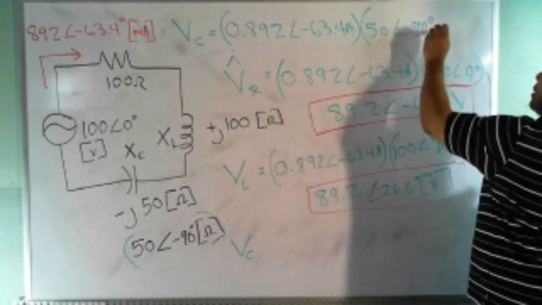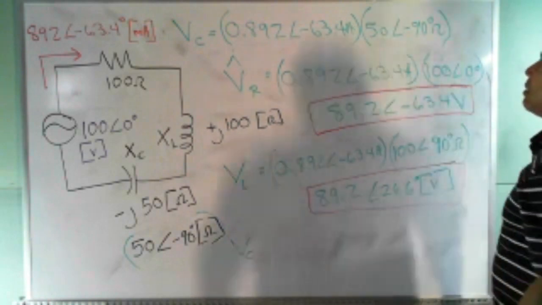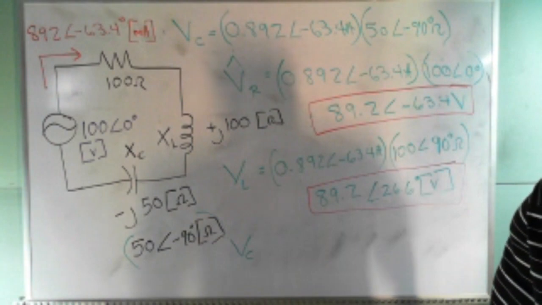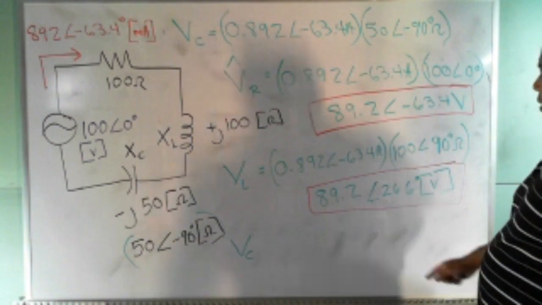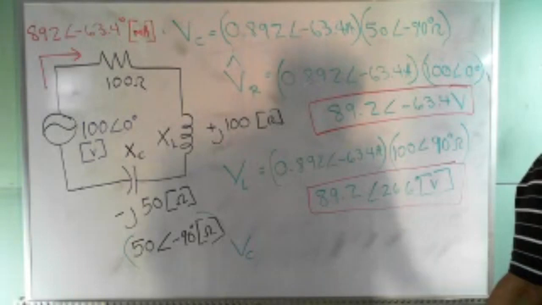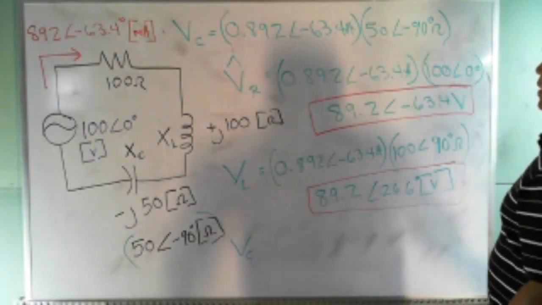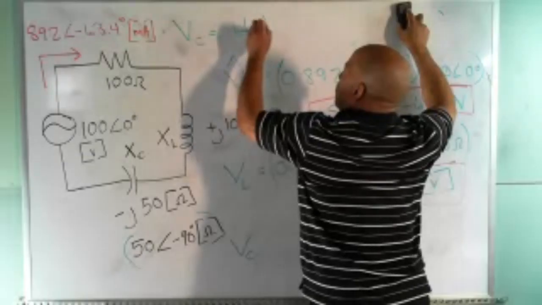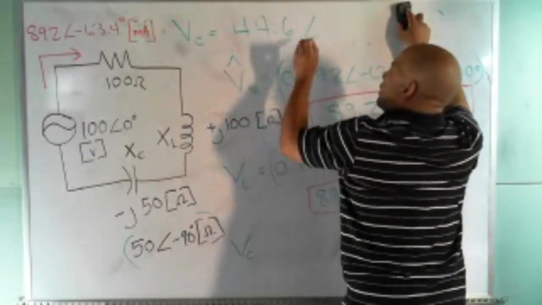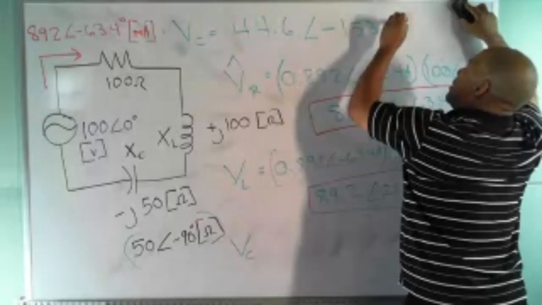So that's going to be, I don't know, it's half of this number down here. I know that. So what do you get when you do the math here? I have 44.6 and the angle is negative 153.4. All right.